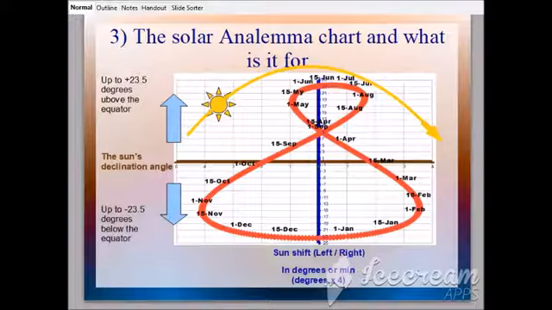So for example, if you live on the equator and it's the 15th of September, this location here, the sun declination will be +3.